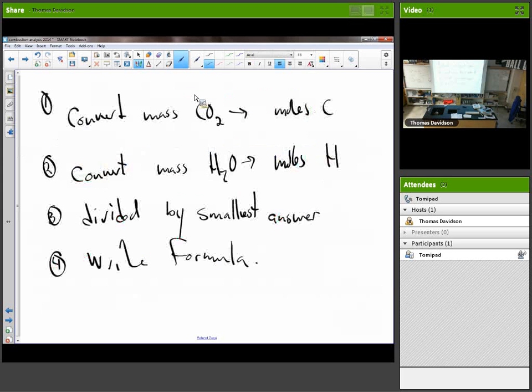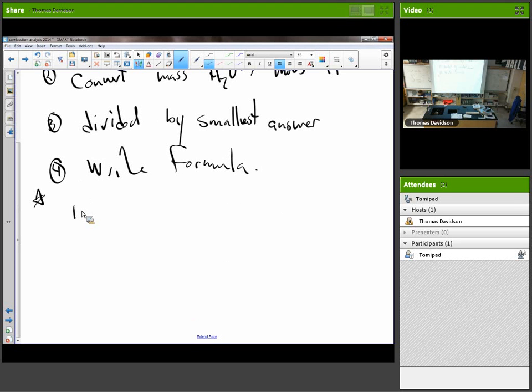Let's do it. Okay, so we have these right here. It was convert mass of CO2 to moles. You already wrote this, don't write it again. Convert mass of H2O to moles of H. Divide by smallest answer. Write formula. Okay. Should we do some adjusting now? Let's put a little star here. You can write it however you want.